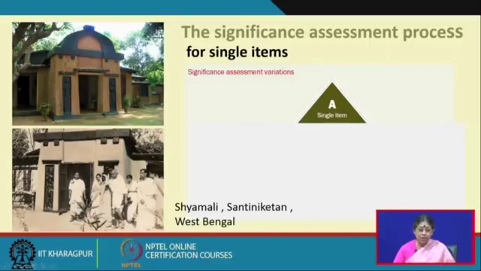So, it is a very important structure. So, these are some of the examples. It can be a sculpture, a manuscript, an art object, any type of weapon, like we have seen with the cannon, or a small structure also. So, these are examples of single items.